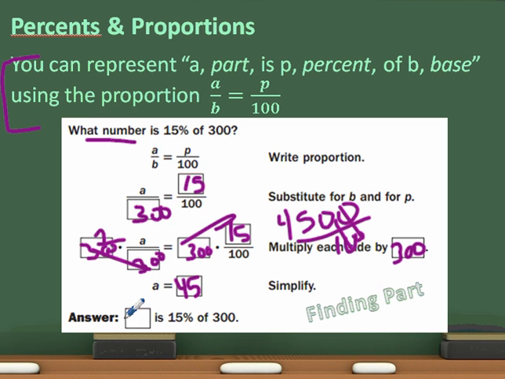So 45 is 15% of 300. So if we're reading this, is means equals and of indicates multiplication. So this tells me if I take 15% and I multiply it by 300, I will get 45. That's another way you can always check this. So make sure you're copying. Go ahead and pause because I'm going to clear up the board and move to the next one.